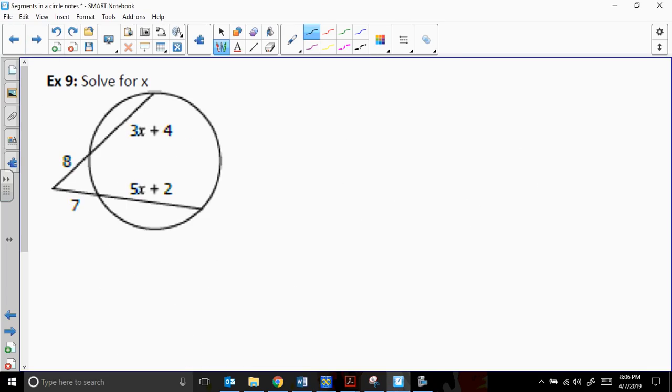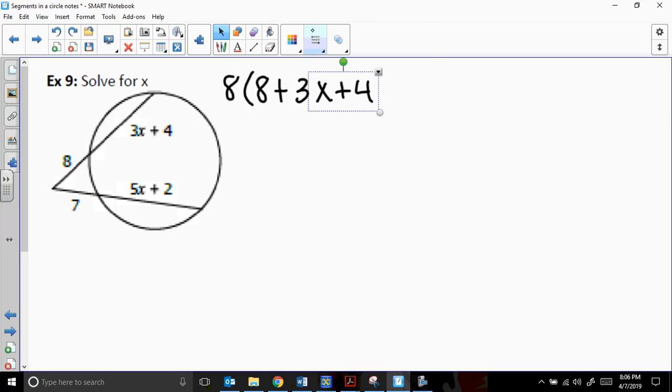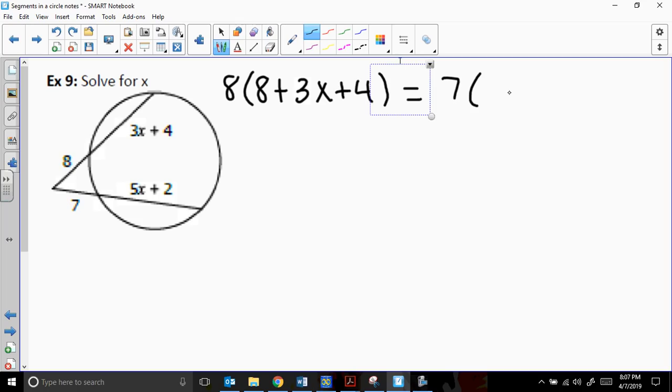Alright, let's try example number 9. Still going to do the outside times the outside plus the inside. And that's equal to, again, the outside times the outside plus the inside.